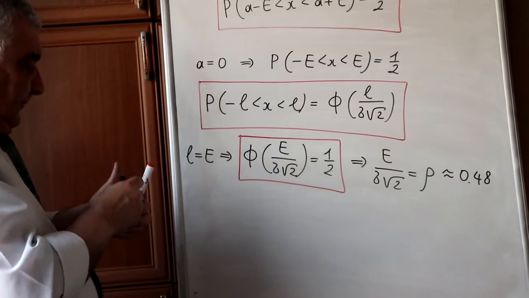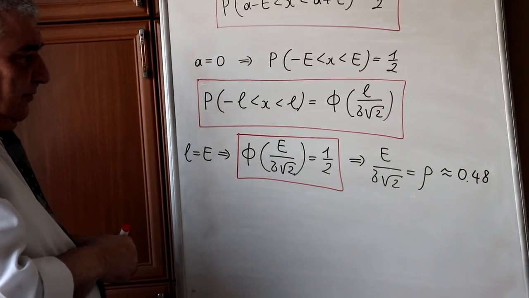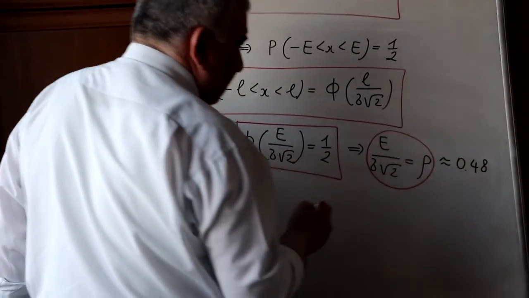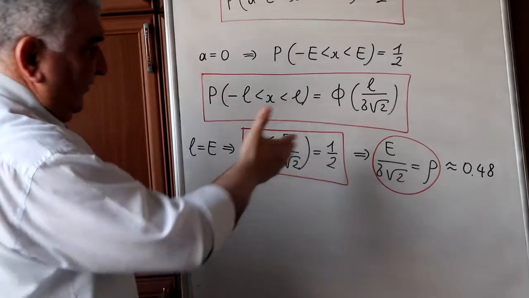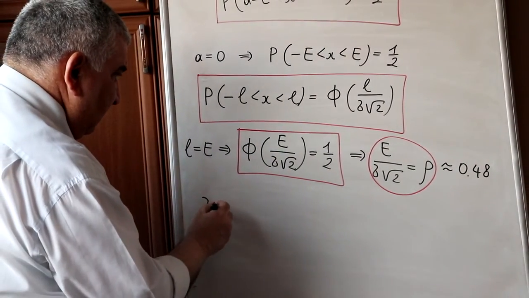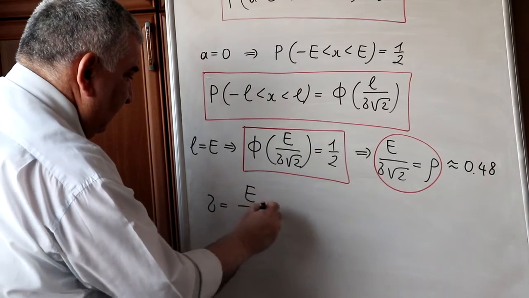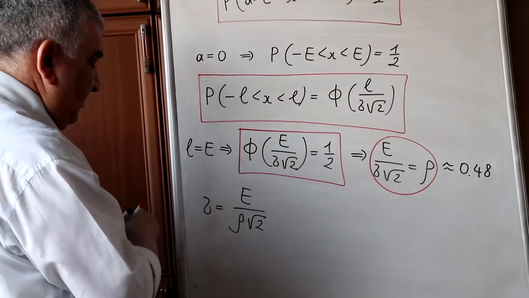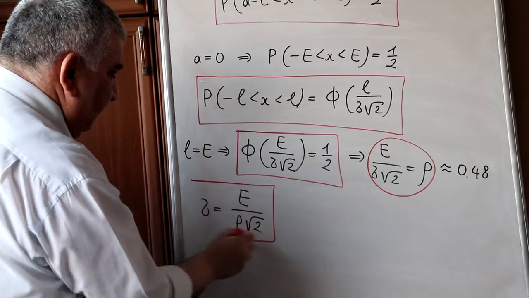Then it is rho, and from here we can define the sigma. Sigma equals E capital divided by rho square root of 2. It is a very important, remarkable formula.